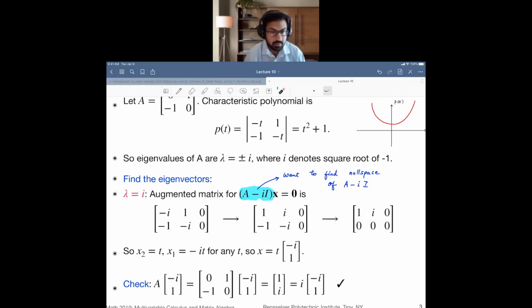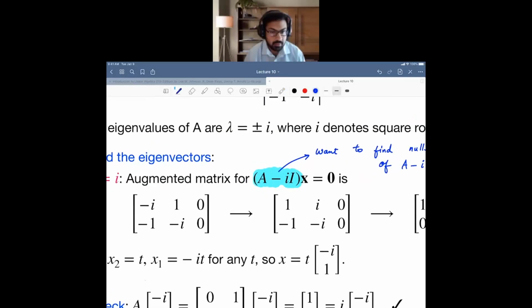So for example, the first step over here is actually taking row 1 and multiplying it with i, right? So if I take row 1 and multiply it with the complex number i, what do I get? Minus i times i gets a 1. 1 times i gets an i. 0 times that is the same. And then the second row, I have not changed that at all, right?